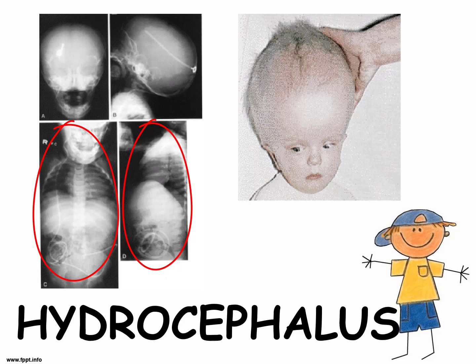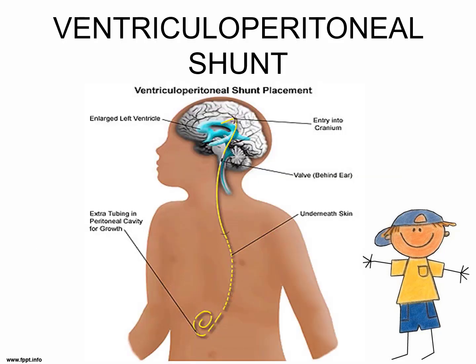This takes two orthogonal views. Here we see a ventriculoperitoneal shunt. Notice that it goes from the ventricles down into the peritoneum. We have a tube that allows us to drain the fluids.